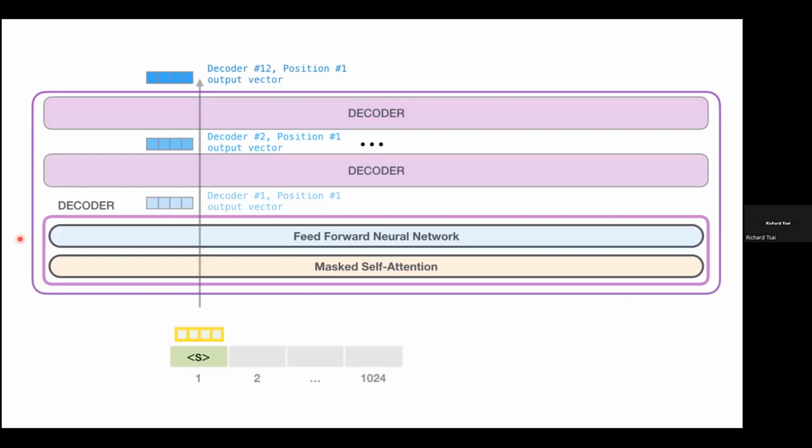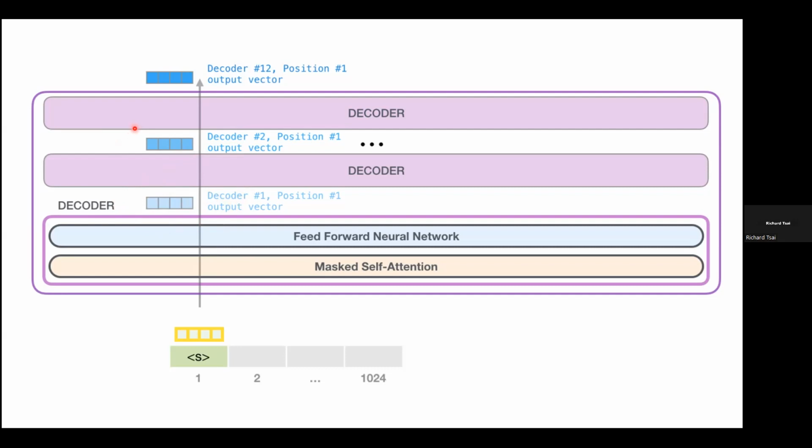The positional token embedding of S is initially input into the first layer decoder. This decoder contains a MSA, multi-headed self-attention module, and a feed-forward neural network here. From there, the decoder generates an output embedding, which is then passed into the second layer decoder.